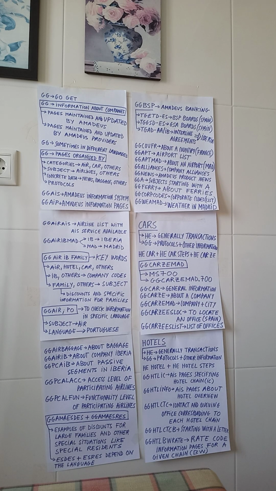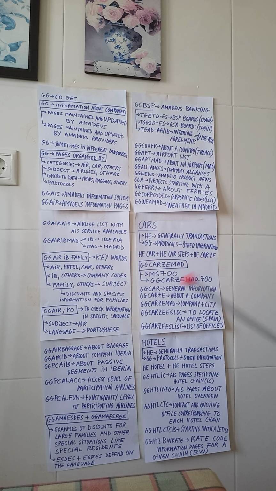The first thing it gives us is air information, by means of the word AIR. This word can be replaced by hotel, car, or any other word in order to determine what type of product we are going to refer to in the transaction.